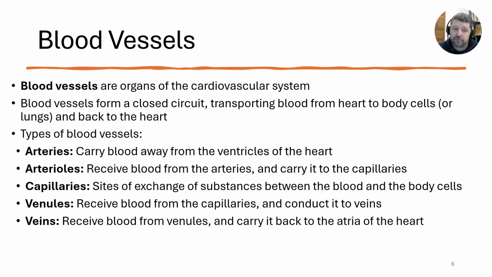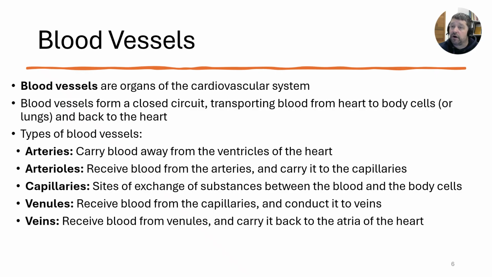Arteries have arterioles. Okay? These are smaller arteries that are receiving blood from the artery, and they carry it to the capillaries. So this is the connection to the capillary, arterioles. Capillaries is the site of exchange between arterioles and venules. Okay? And so that's where really the blood is transferring what it needs to transfer to the cells.